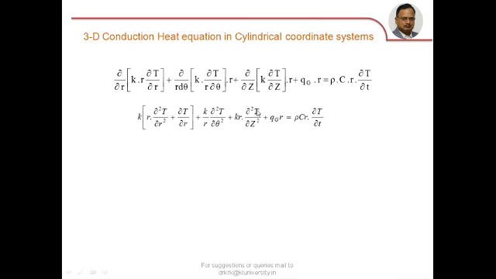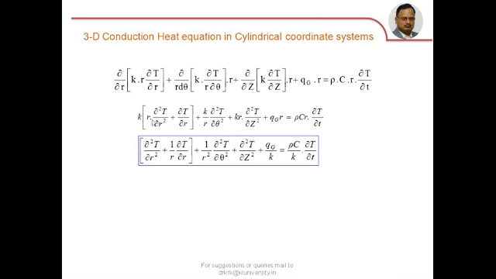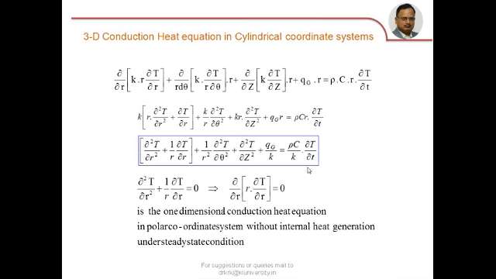The third one is k r ∂²T by ∂z² plus Qz r equal to rho c r ∂T by ∂t. Dividing by r, you will get ∂²T by ∂r² plus 1 by r ∂T by ∂r plus 1 by r² ∂²T by ∂θ² plus ∂²T by ∂z² plus Qz by k equal to rho c by k into ∂T by ∂t.